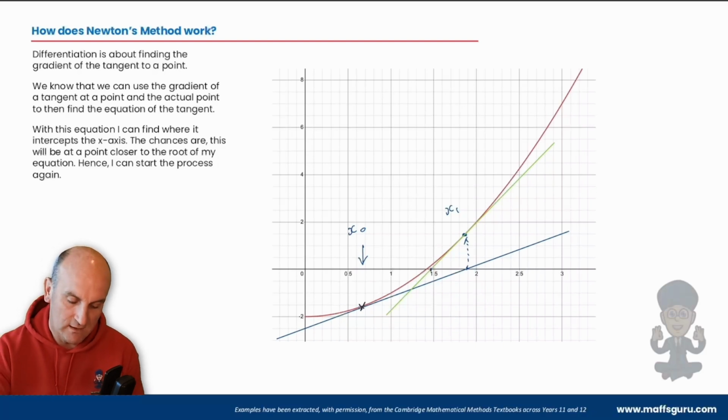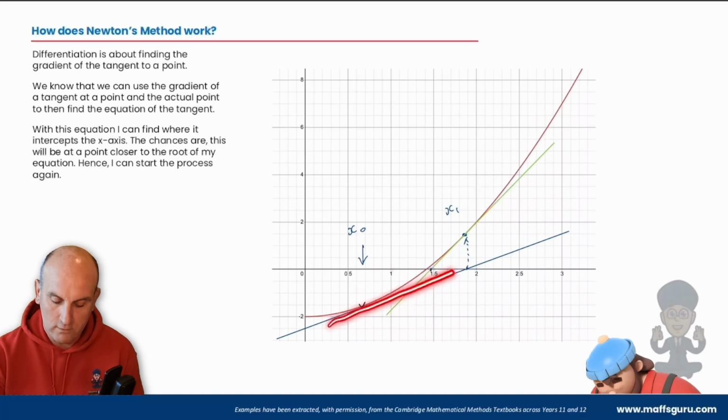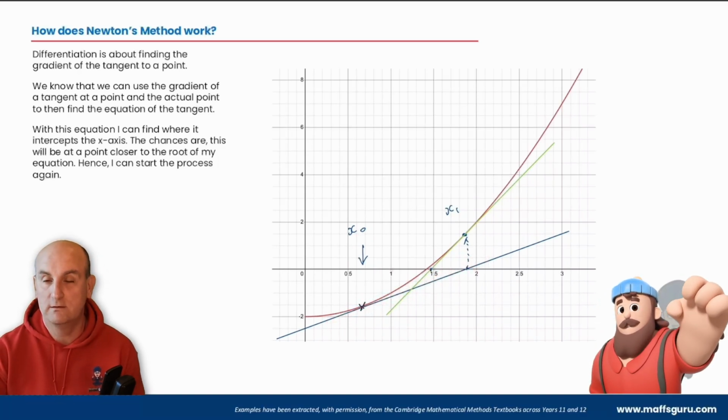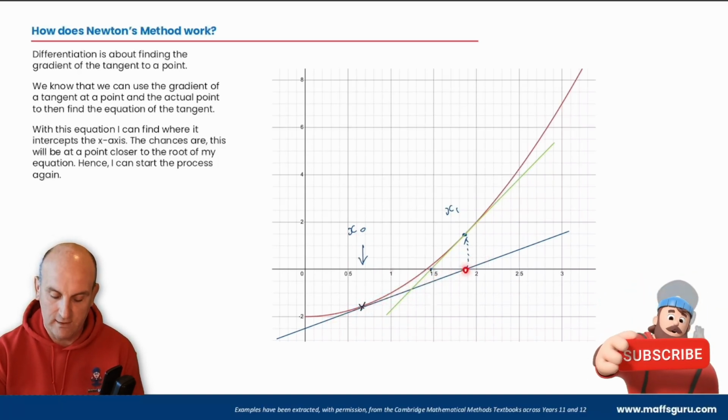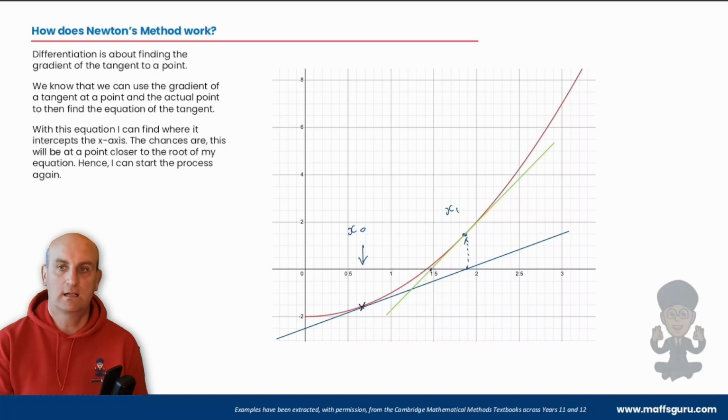So I started with my initial guess, found the equation of my tangent, found where that crossed the x-axis, and used that as my new value x1. Again I find the equation of the tangent, find where it crosses the x-axis, and again go up and draw a tangent. What you tend to find is the more tangents you draw, the closer and closer you get to your actual crossing point.